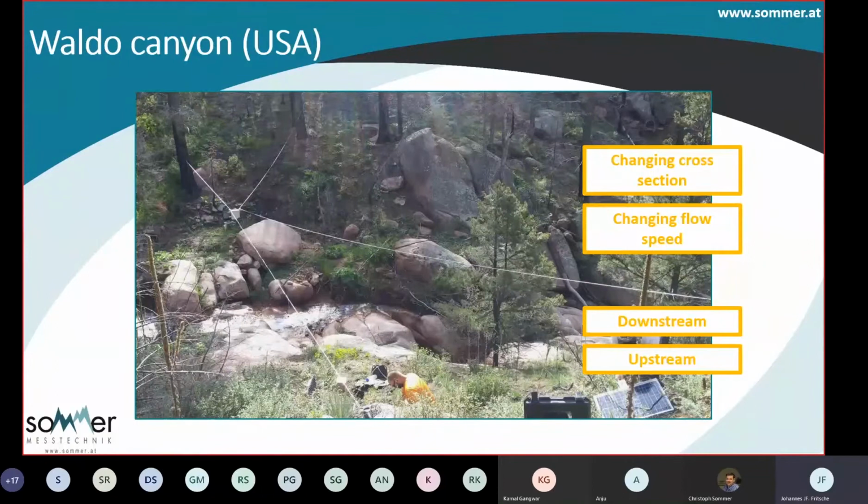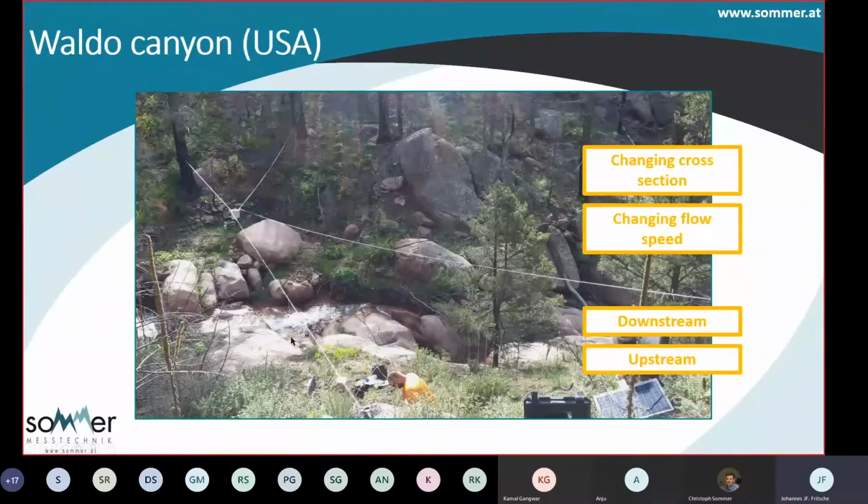Here an example of an RQ instrument on a cableway in the river. This is a rather difficult measurement site. You have this mountain river with all those rocks and little waterfalls and changing flow speeds.